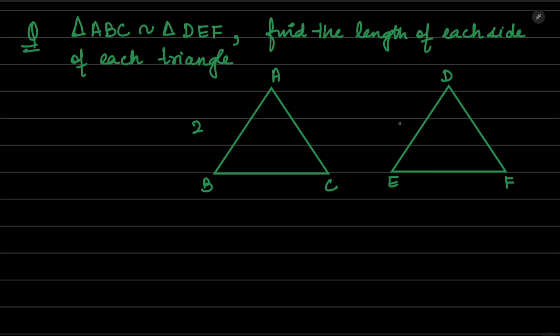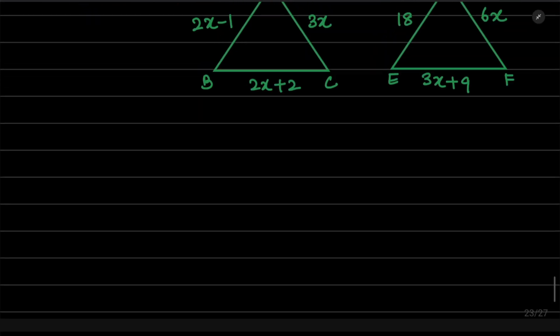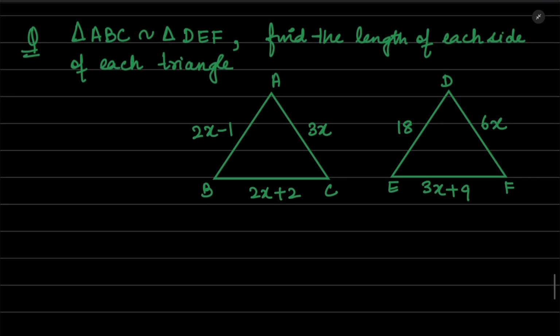So you are given this side DE 18, here it is 3x, this is your 2x minus 1, 2x plus 2, and then this is 3x plus 9, and then 6x. If you see, there's only one variable x in both, isn't it?